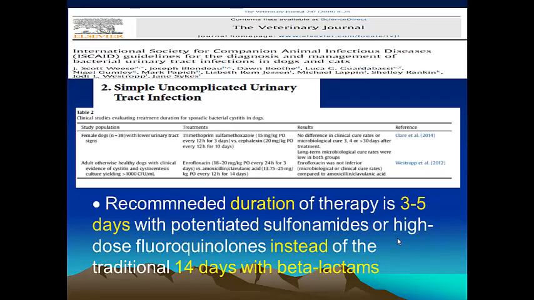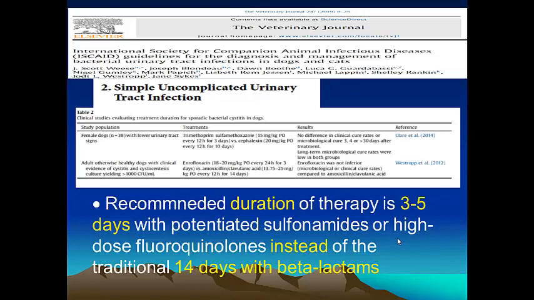And so the new addition to the guidelines is that, instead of 7 to 14 days, they suggest a shorter course of 3 to 5 days. And there are two studies in which the outcomes were clinical and microbiological cure.